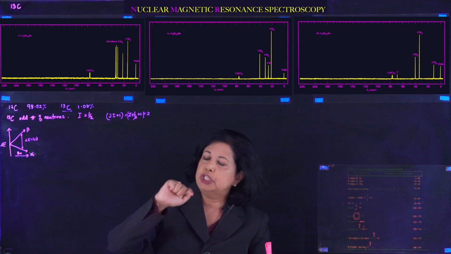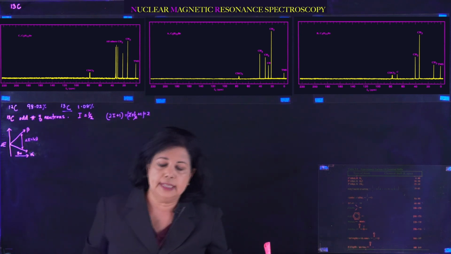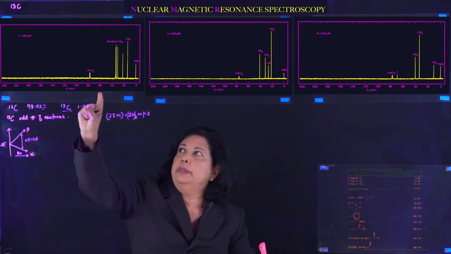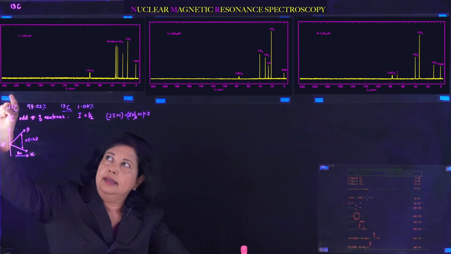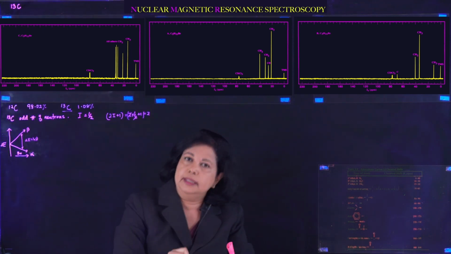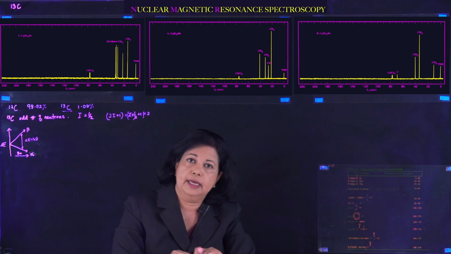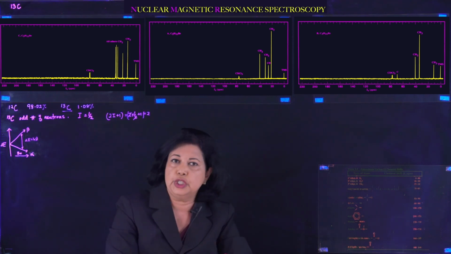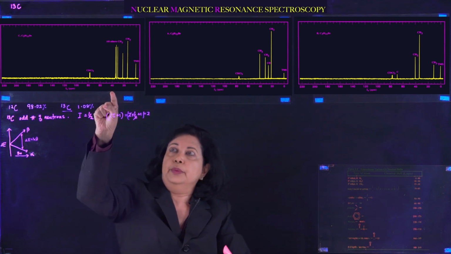Then your electron shield will be thinner, the diamagnetic field would be thinner, and therefore you would be resonating at a higher frequency. Whereas if you have a carbon that is shielded, surrounded by electron donating groups or just other carbons and hydrogens, those are shielded carbons, then you would have a lower frequency here.